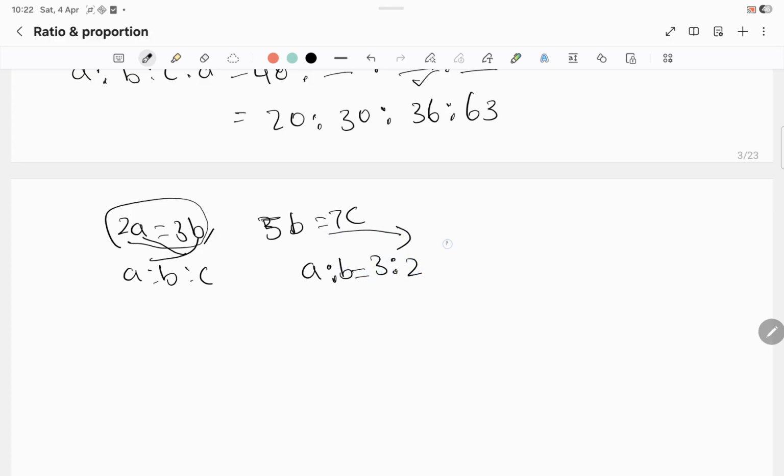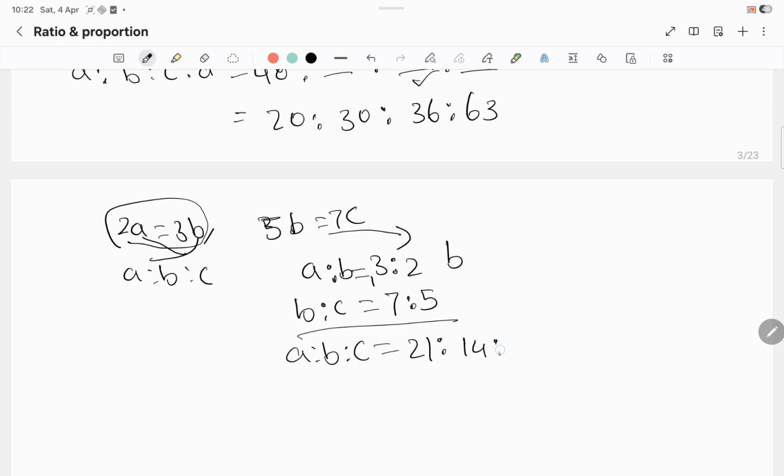Then b is to c becomes 7 by 5. Then a is to b is to c is equal to 3 7s 21, 2 7s 14 and 2 5s 10. Now there is no common number to divide them.